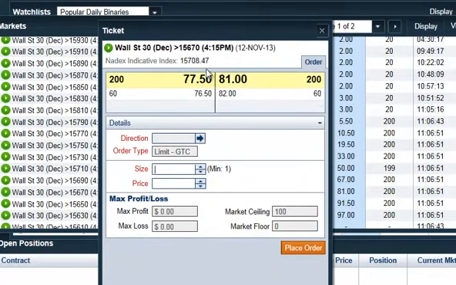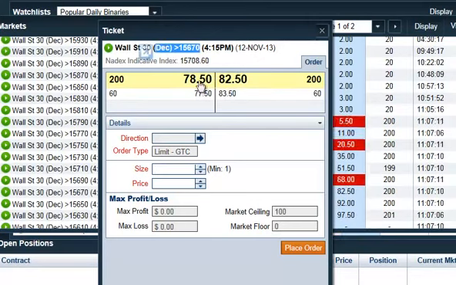Maybe there's some really good support at 15,670. So you're really confident that this particular trade is going to win, but you're not quite sure that the Dow will continue higher, but you're sure that it's not going to close below that number.